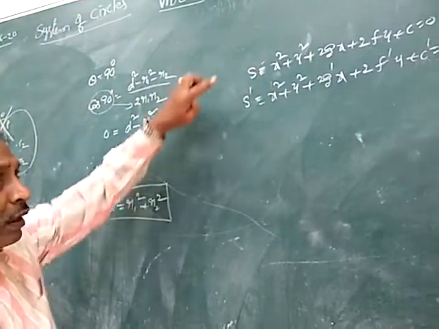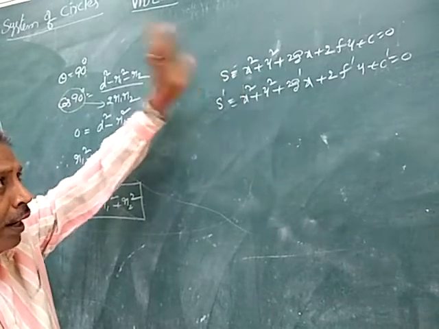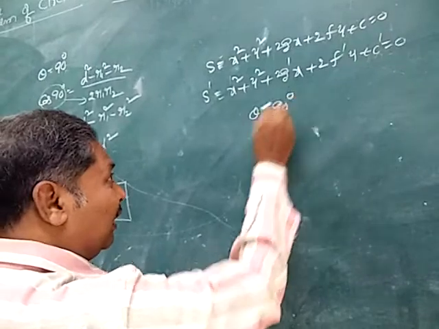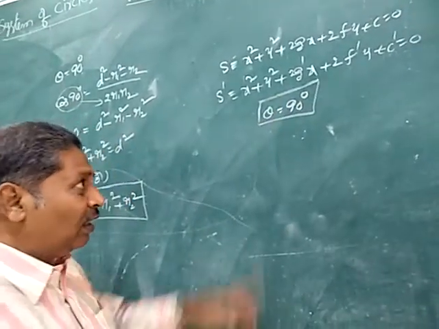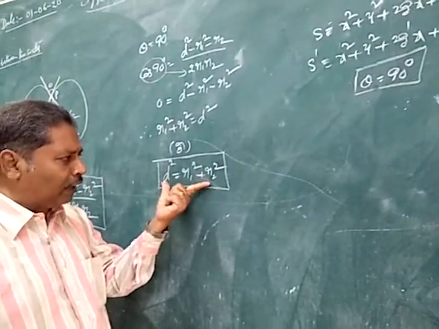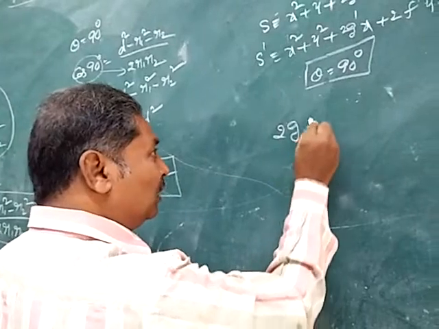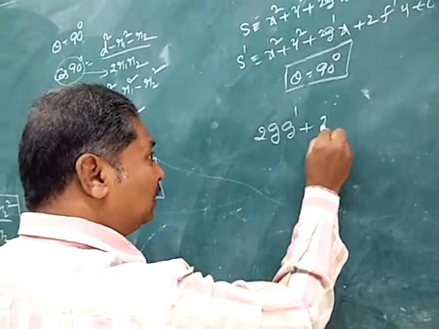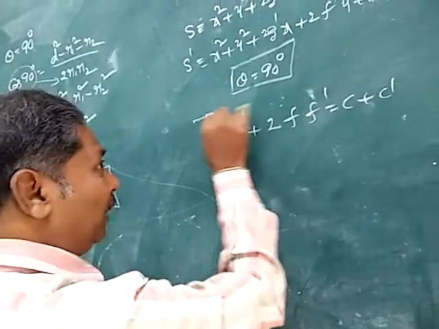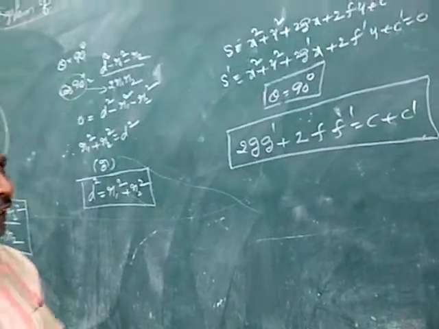Suppose the given equations of the two circles are these two, and the angle between the circles is 90 degrees, then the orthogonal condition becomes 2gg dash plus 2ff dash equals c plus c dash.